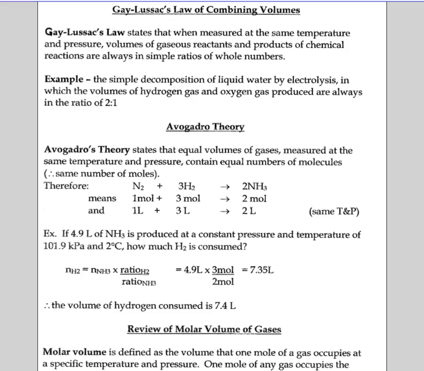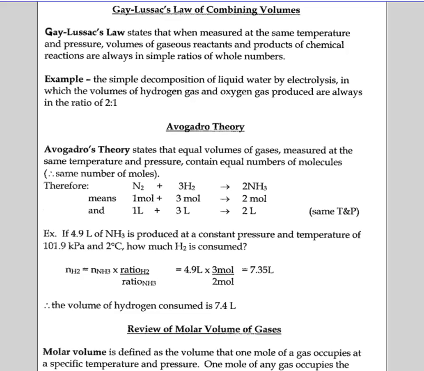If we go back and we look at the summary of Gay-Lussac's law of combining volumes and Avogadro's theory, there's some really good information in here that will help us with gas stoichiometry. We need to understand that gases, when they do react, they combine in whole number ratios by volume.